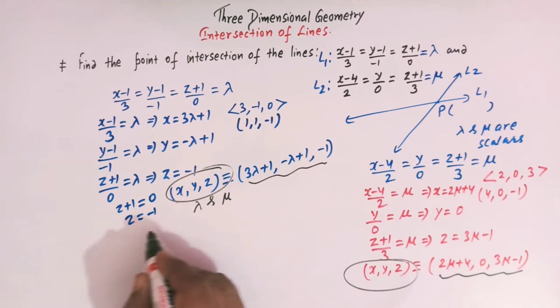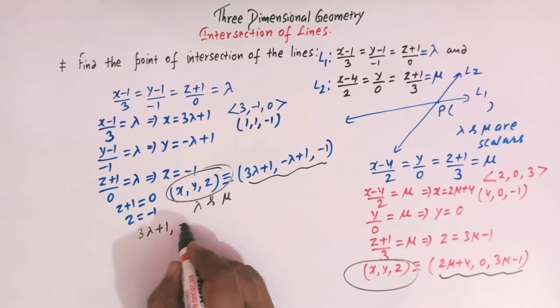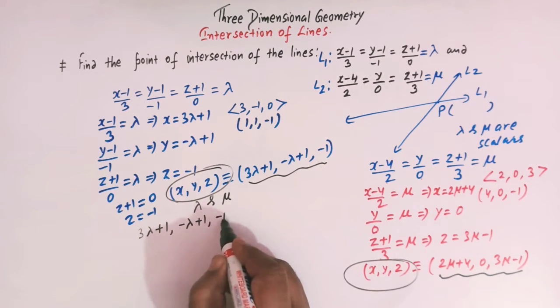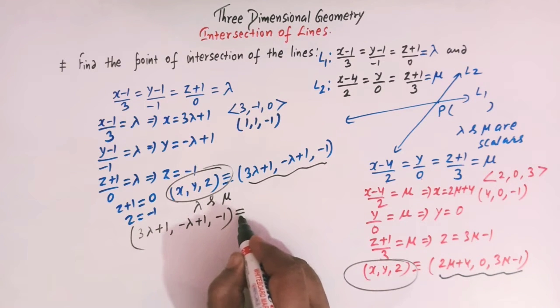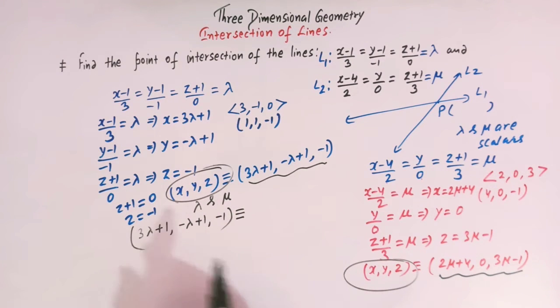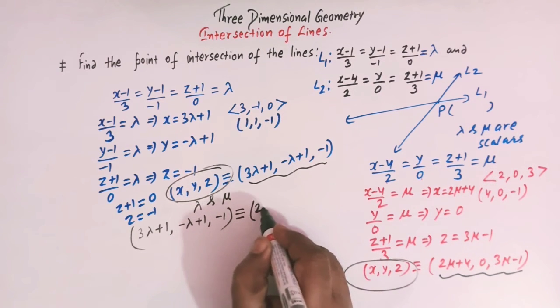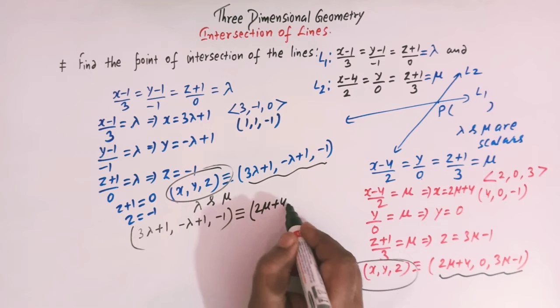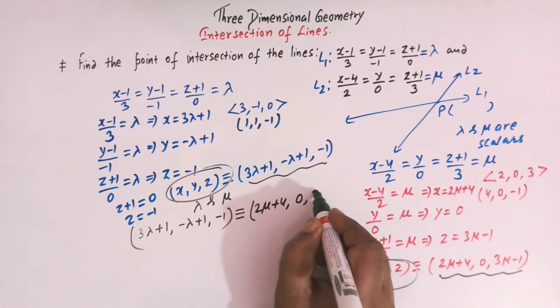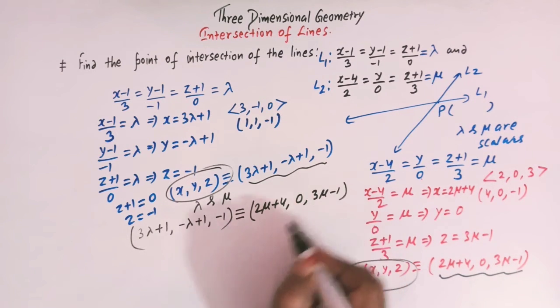So here what we will do, we'll write 3 lambda plus 1, minus lambda plus 1, minus 1 is equivalent to, or it coincides with, this coordinate, right? So here we can write 2 mu plus 4, then we have 0, and here we have 3 mu minus 1, right?